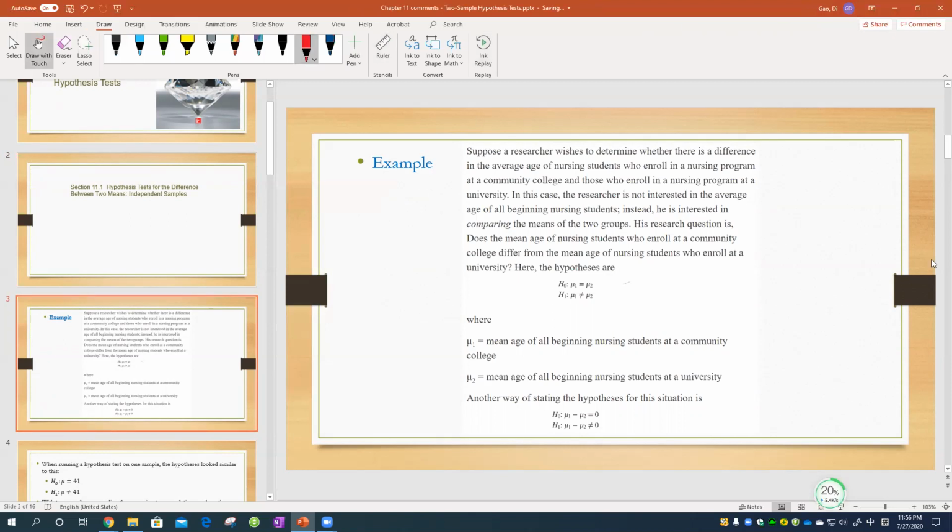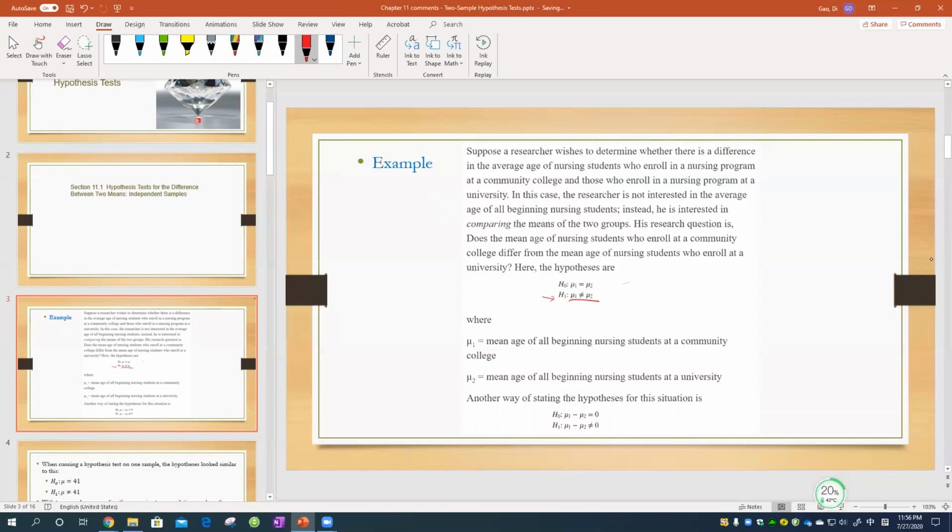Then we have the following hypotheses. If mu1 represents the average age from the community college, and mu2 represents the average age from the university, then the alternative hypothesis, differ from, so does not equal, is mu1 does not equal mu2. That's the claim, the alternative hypothesis.